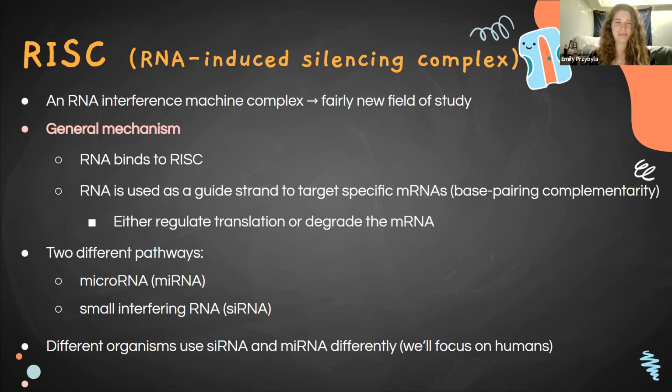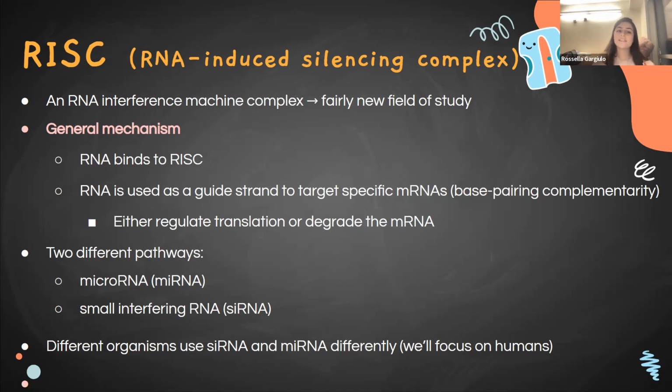Basically we're going to look at two different pathways of RNA interference, one is microRNA and one is siRNA. Both are very similar, and both involve RISC, which is basically the spotlight of RNA interference. The general mechanism is that RISC binds to a single-stranded RNA, and this RNA is used as a guide strand to target specific mRNAs.